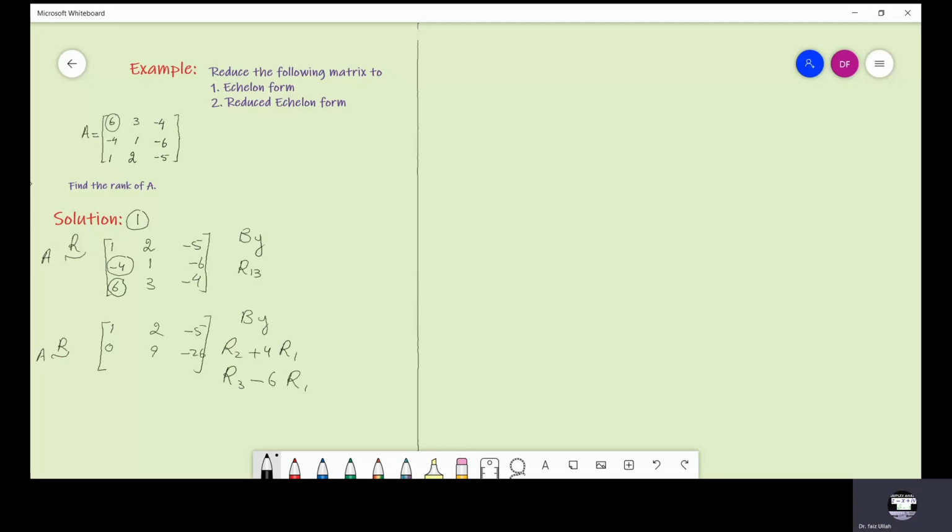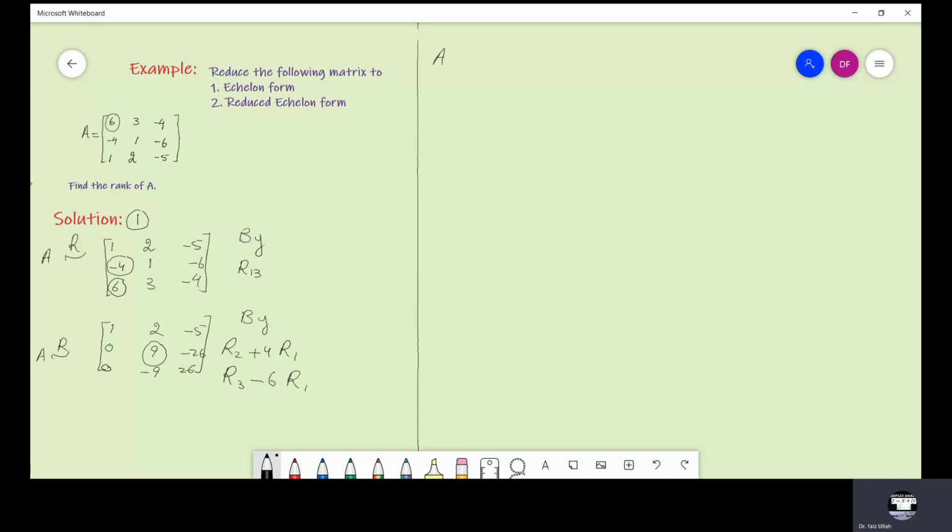Now let us multiply row 1 with 6 and then subtract it from row 3. So we get 0 here, minus 9, and plus 26. Now the next thing which we need is that this 9 must be equal to 1.